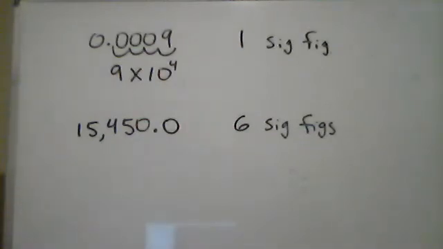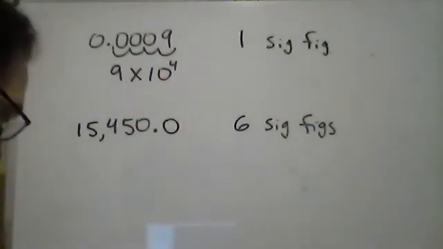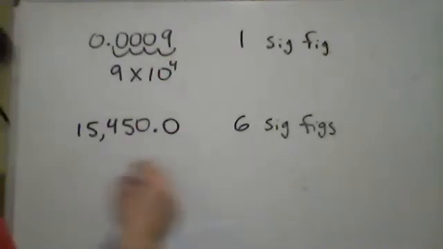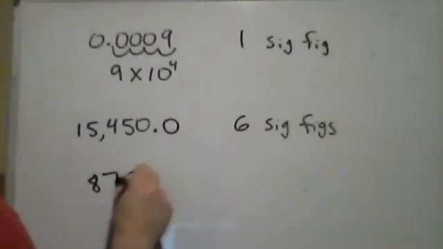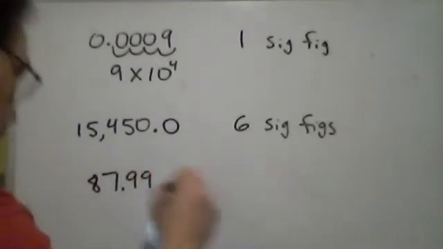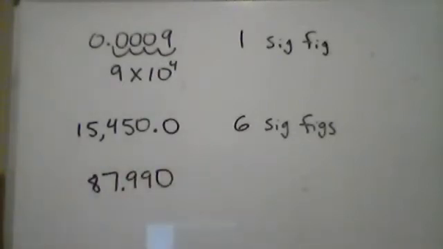Let's see here. How about 87.990? How many is that? Would it be 5 now?